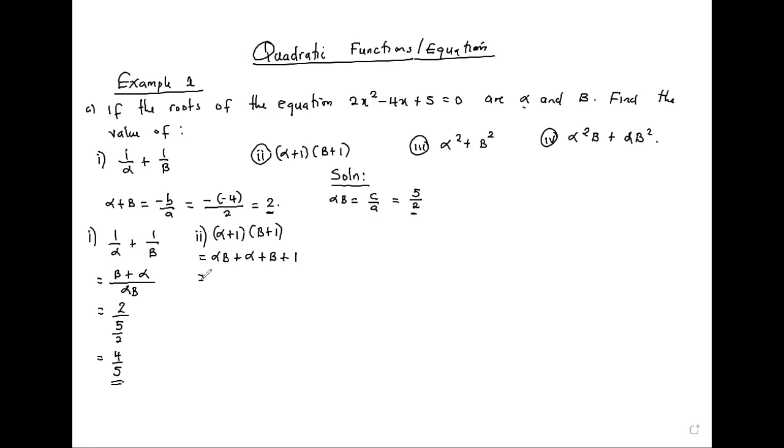Alpha beta is 5 over 2. Alpha plus beta is 2, then plus 1. So we end up having 5/2 plus 3/1. Common denominator 2. Then we get 5 plus 3 times 2, we get 5 plus 6. This is equal to 11/2.